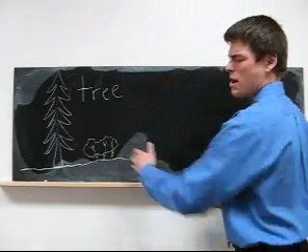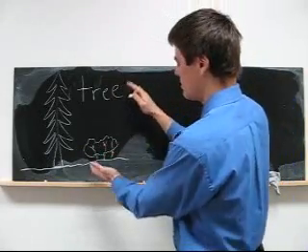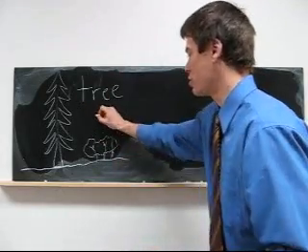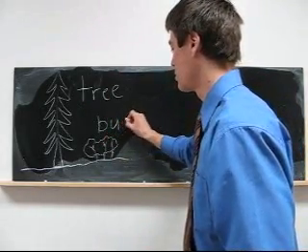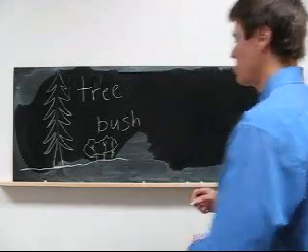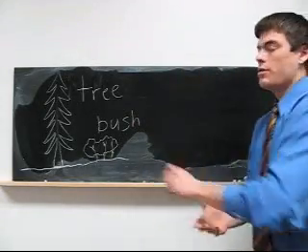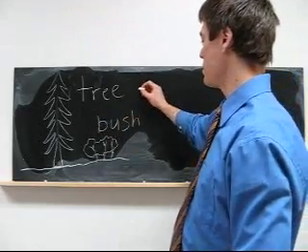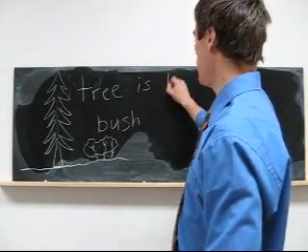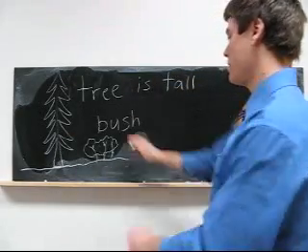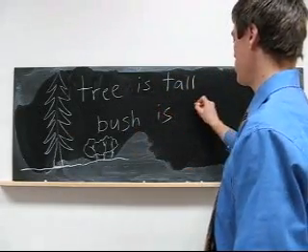A bush. A bush is a small tree. A small tree. Bush. So the tree is tall, and the bush is short.